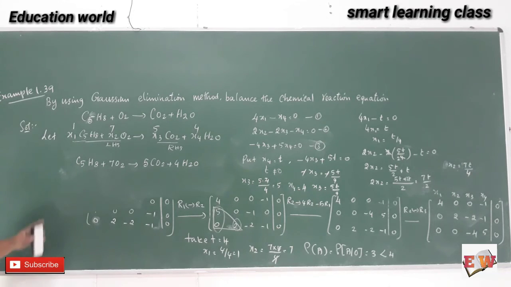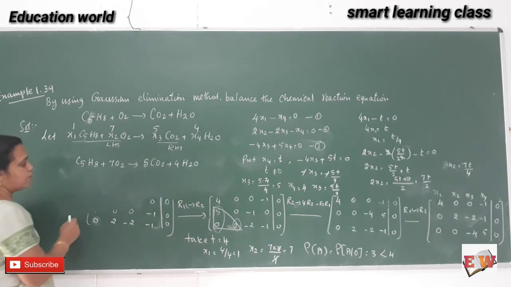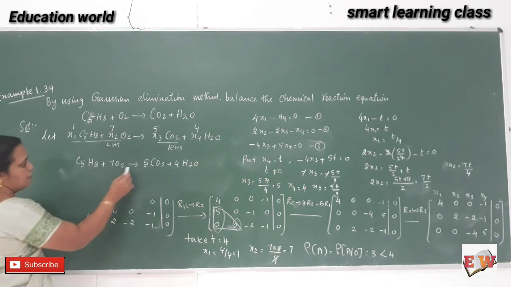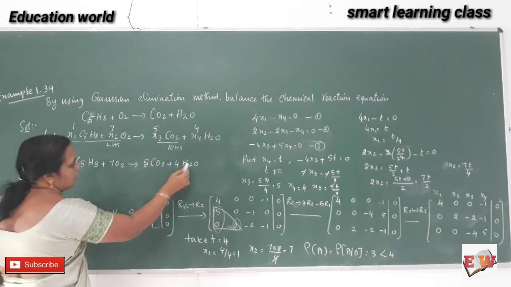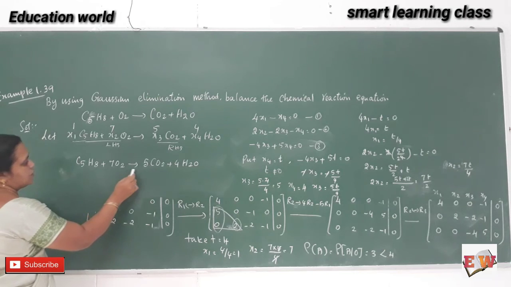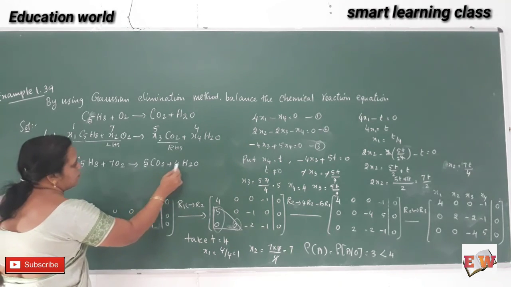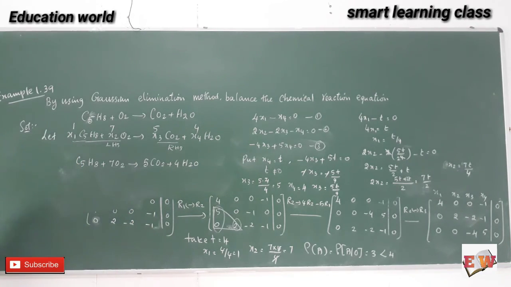Now you just balance this equation. Here 5 carbons, here also 5 carbons. 8 hydrogen, here 4 2s are 8 hydrogen. 14 oxygen, 5 2s are 10 plus 4, 14 oxygen. So the given equation is balanced, isn't it?